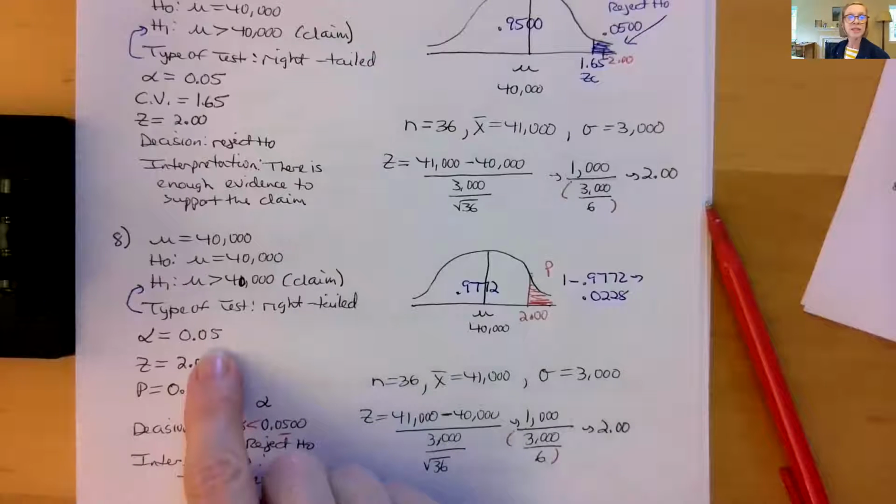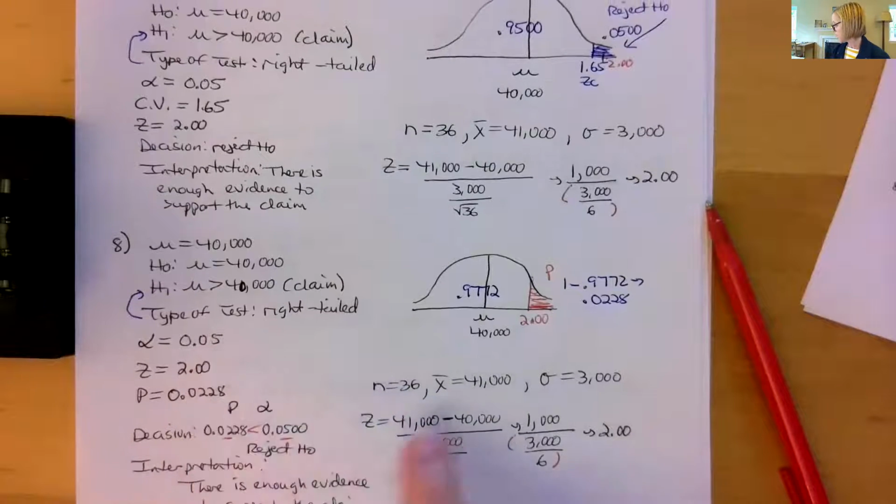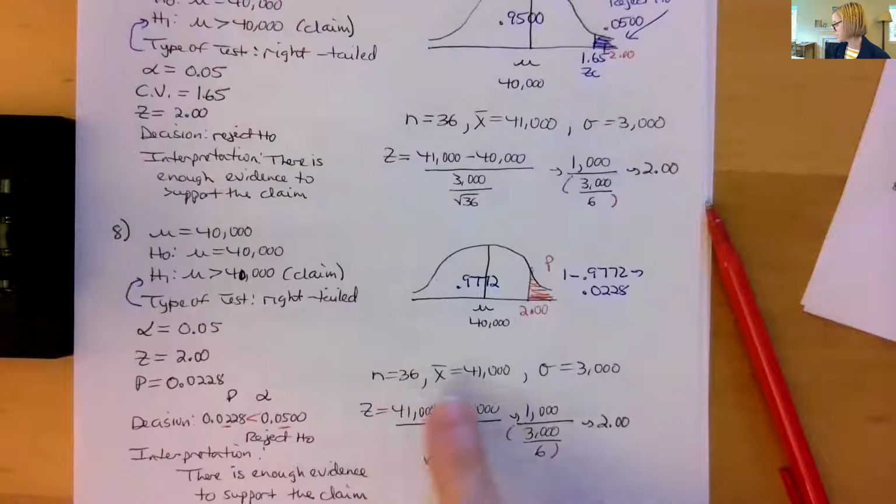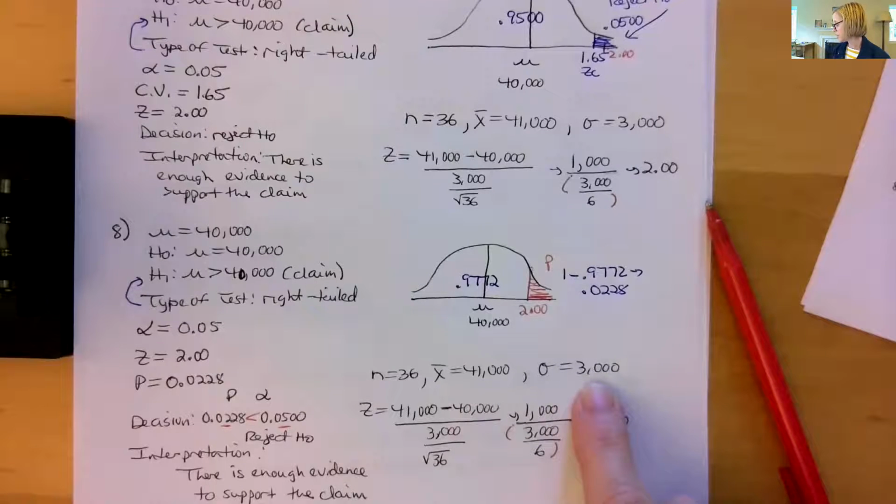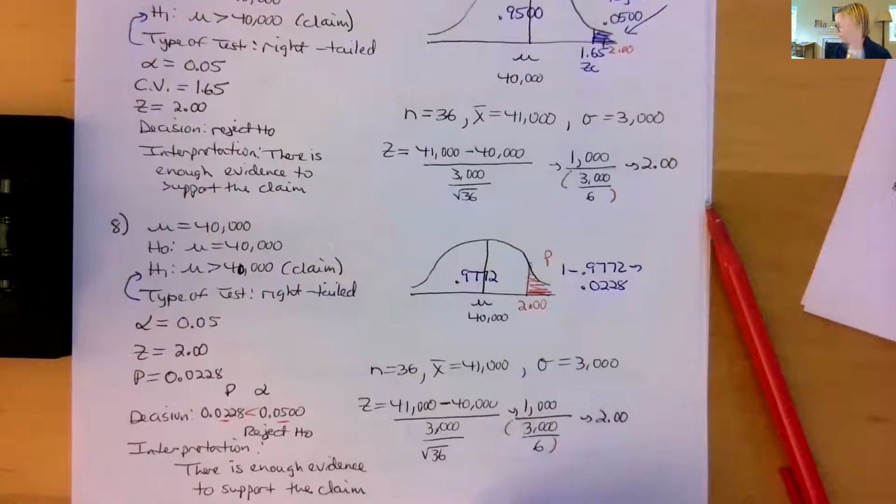Our level of significance given is 0.05, and they told us the sample size was 36. The sample mean turned out to be 41,000 with a population standard deviation of 3,000. So again, we use a z distribution to find our p-value.